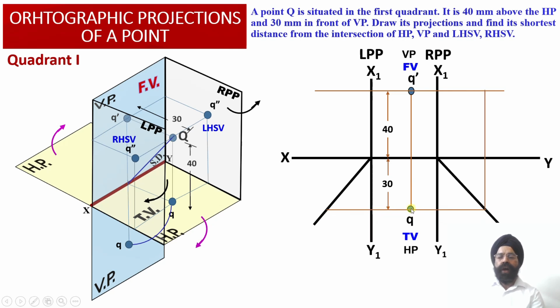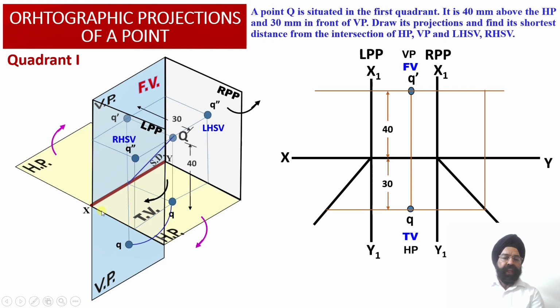We have to draw a horizontal projector line through the point Q such that this horizontal projector line intersects with the transfer line which is drawn into the left profile plane, such that this distance of 30 millimeter below the XY reference line is appropriately translated or transformed into a distance of 30 millimeter from the vertical plane.